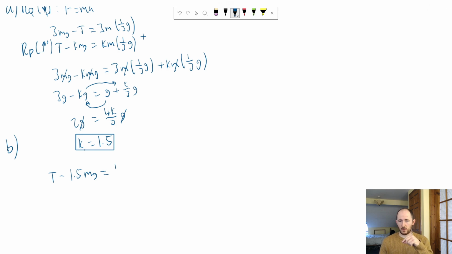So it would be 1 over 2 mg. Not k, mg, damn it. Alright, here we are. Move the mg to the other side, we get T is equal to a half plus 1.5, so that's 3 over 2 plus a half, so that'd be 4 over 2, which would be 2 mg. 2 mg, like so.